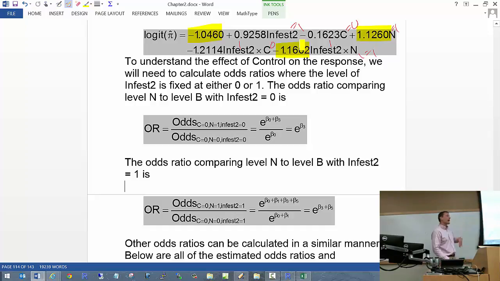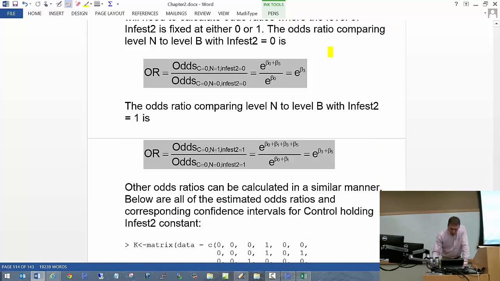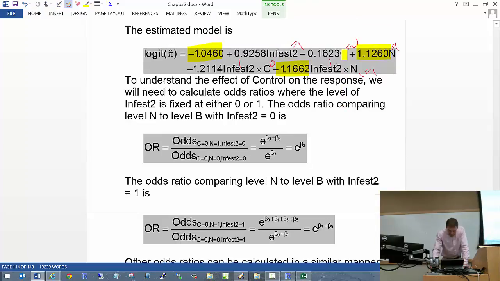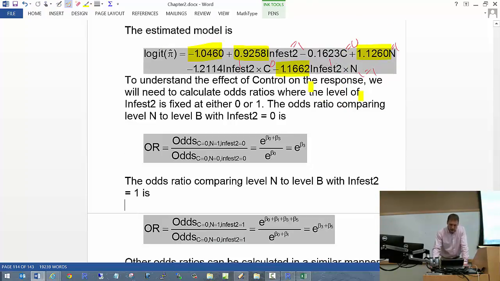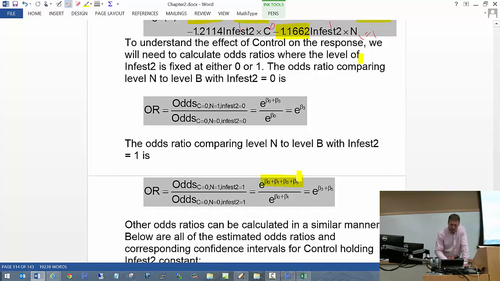What I'm actually highlighting there are the beta hats, but I just worded in terms of the betas. Oh, I'm sorry, also the 1 as well. So now you see I have the 4 betas down there.